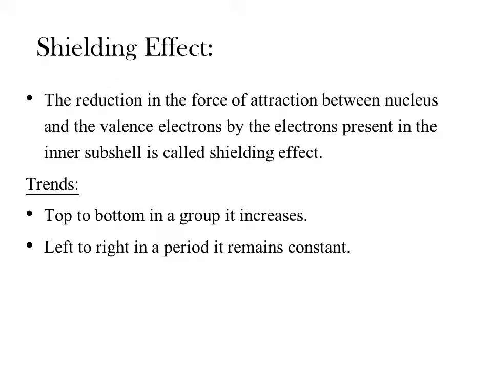So when we are moving from top to bottom in a group, the shielding effect increases. Why does it increase? Because when we are moving in a group, the number of electronic shells increases. So the number of electrons in the inner subshells increases, which causes the shielding effect to increase.